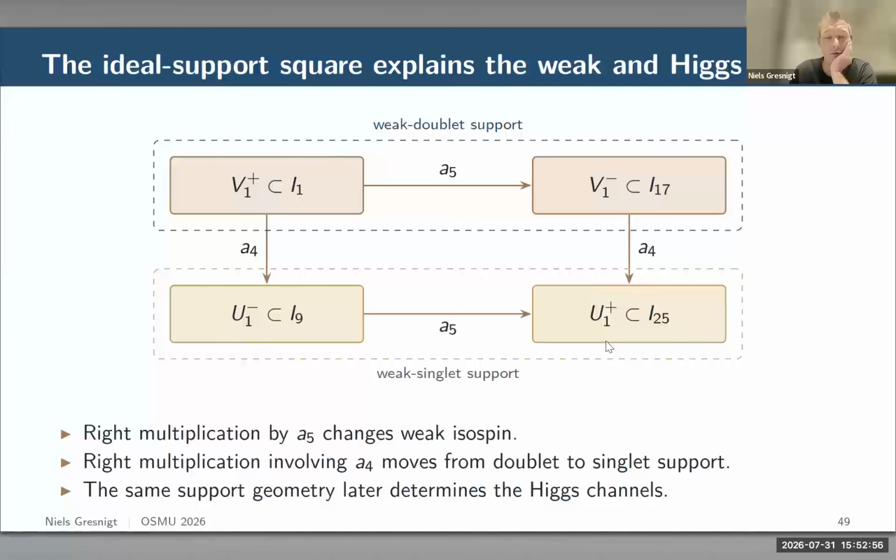So we see that right multiplication by A5 changes the weak isospin for the doublets. And right multiplication by A4 moves the doublets to the singlet spaces. And so we can use this to include appropriate Higgs channels.